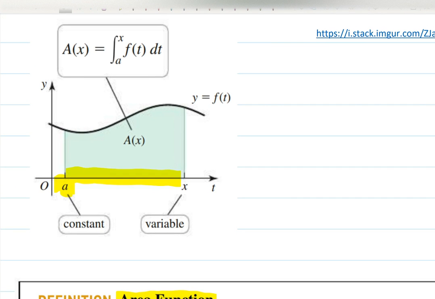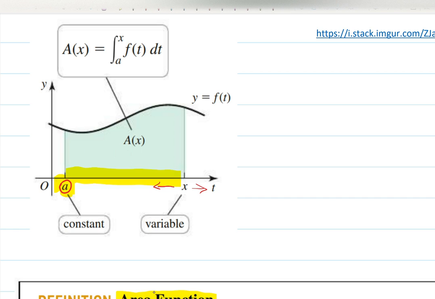Look at this. I am fixing the left endpoint, but the right endpoint can go left and right everywhere I want, as far as I want. In the future, we're going to do x goes to infinity, and that will give me some cool ideas as well. Then this area is not a finite number like 5, or 57, or 57.3.